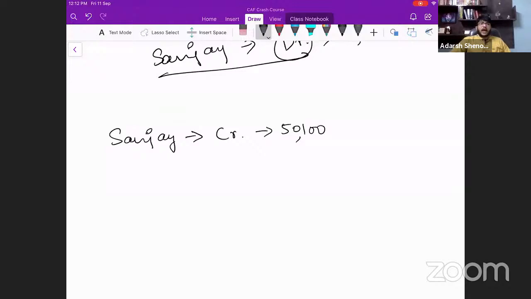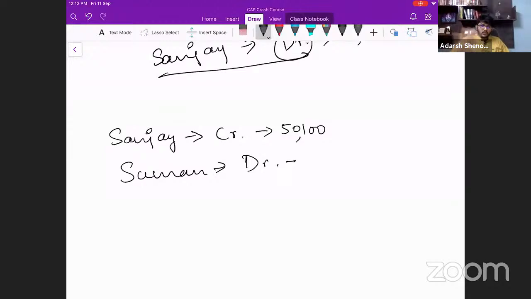And what about the other party? Who's the other party involved over here? Suman. Is Suman an asset or a liability for me? Suman is an asset now. I get a right to recover money. How much am I going to recover from Suman? Not only 50,000 rupees.